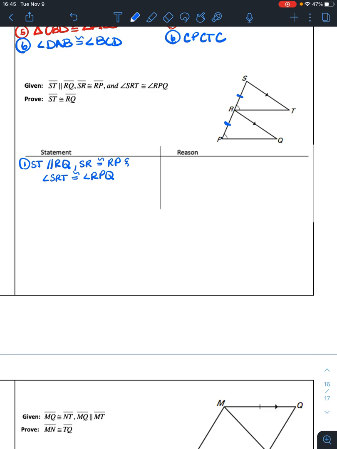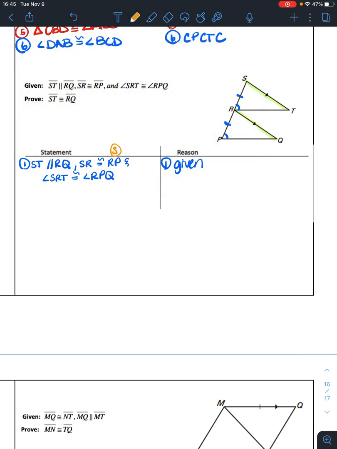So I have that SR is congruent to RP. I have that SRT is congruent to RPQ. And I have that ST is parallel to RQ. That's all because it's given.